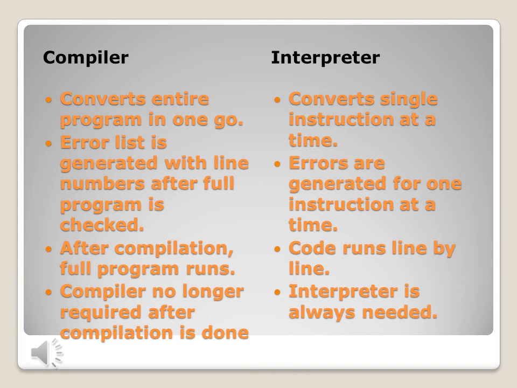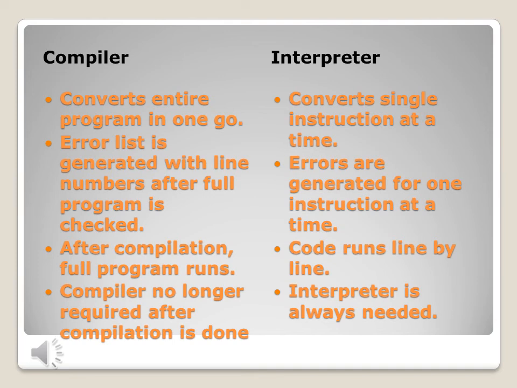The first one, a compiler converts the program into the machine language code directly in one go, while the interpreter converts a single instruction at a time and it converts the program line by line.